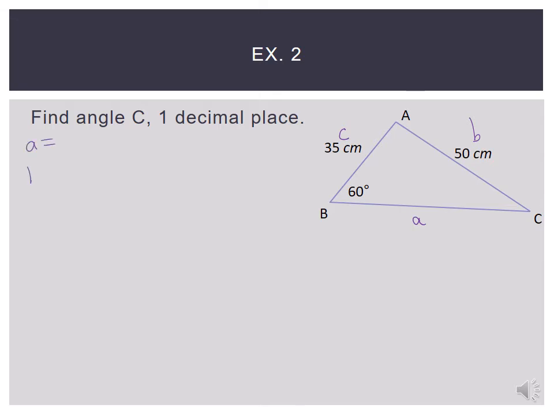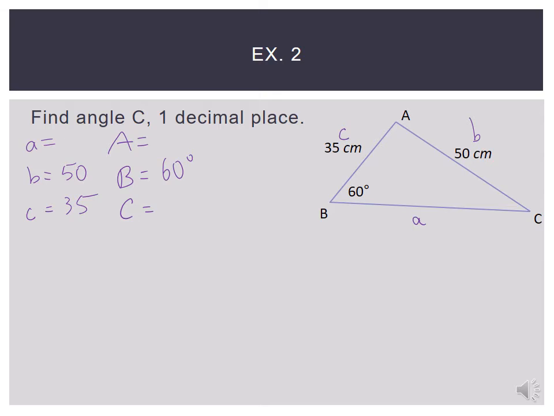Then we're going to make this little chart. Fill in the information. I don't know side A. Side B is 50. Side C is 35. Capital A, I don't know. Capital B is 60.